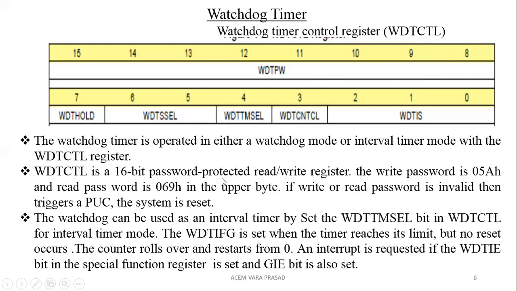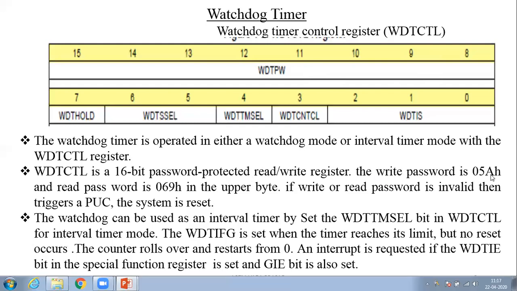Two types of passwords are available. For write operation, we have 5A, that is 0x5A in hexadecimal. That 5A is the password for write operation. For read operation, the password is 69.